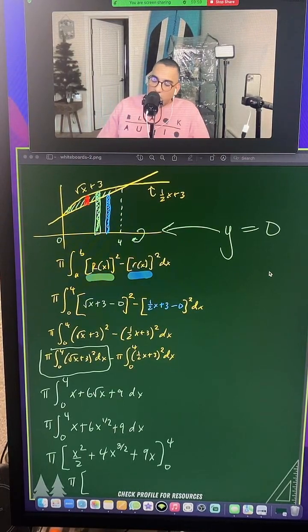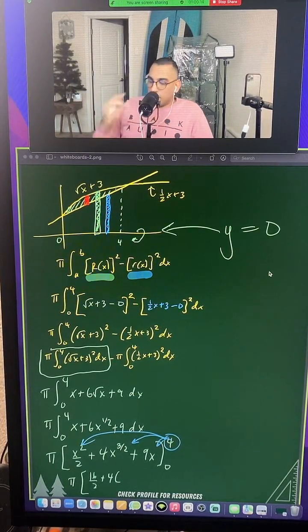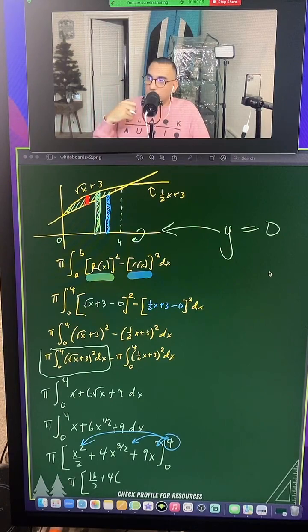All right, guys, so when I plug in the 4, let's go ahead and talk about that. Okay, so this is 16 over 2 plus 4, and we talked about this one in the previous problem. Okay? Yes, I agree that 1/2 antiderivative is difficult. You just have to work with those fractions, okay? I kind of did it in my head, but show the work if you need to.